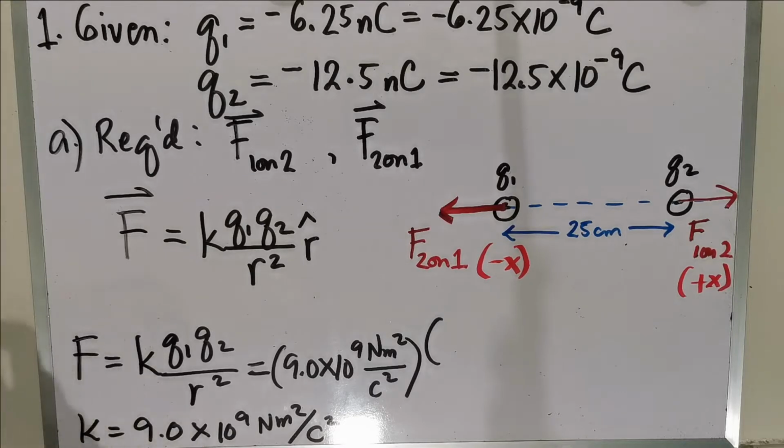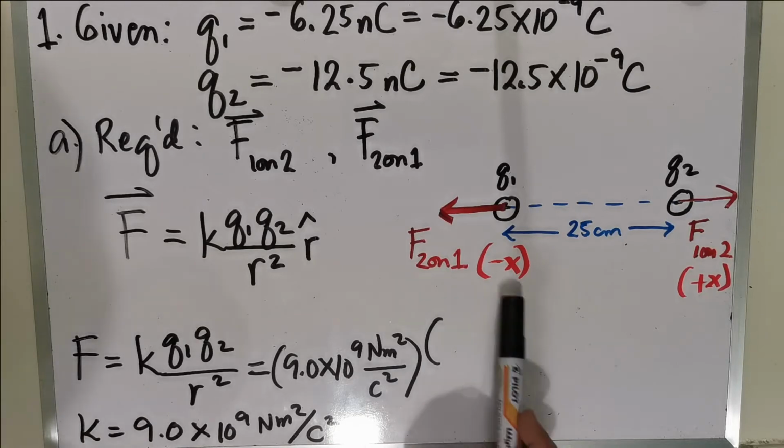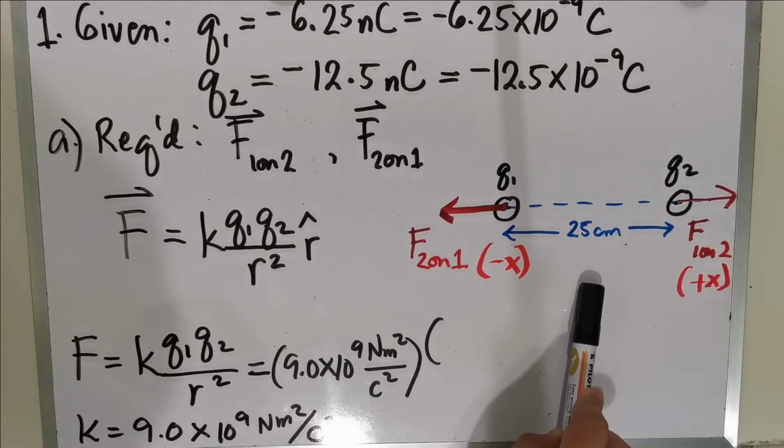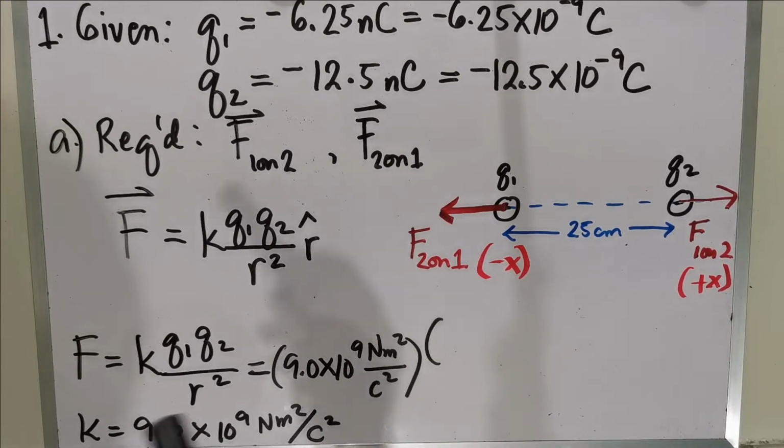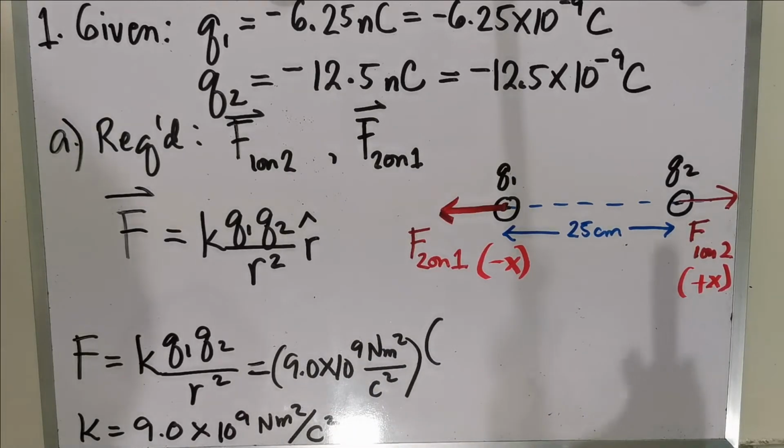So for this type of one-dimensional problem, we can simply omit the signs in the equation, since we can directly obtain the direction by looking at the drawing, or simply obtaining in which direction mag-move ang mohang forces.